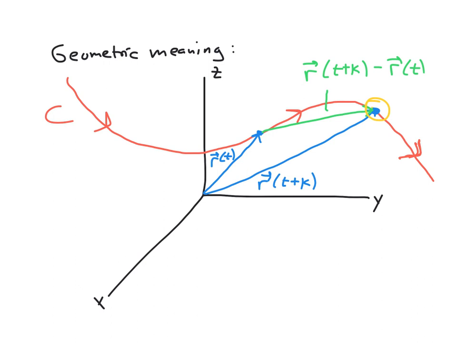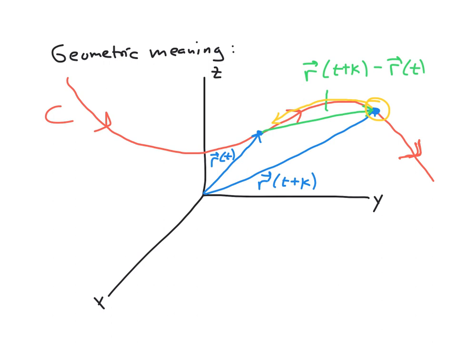So we want to drag this point back along the curve until it's really, really close to the point r of t. And of course, if we drag the 2 points exactly on top of each other, it would not make any sense because we would only have 1 point, and the vector needs 2 points to be defined.